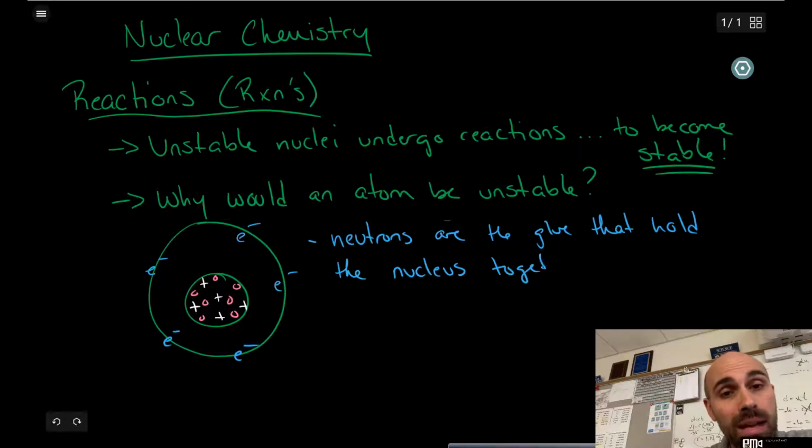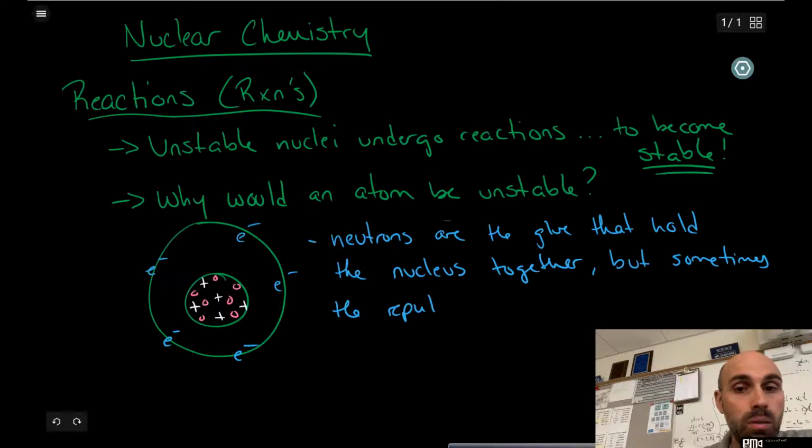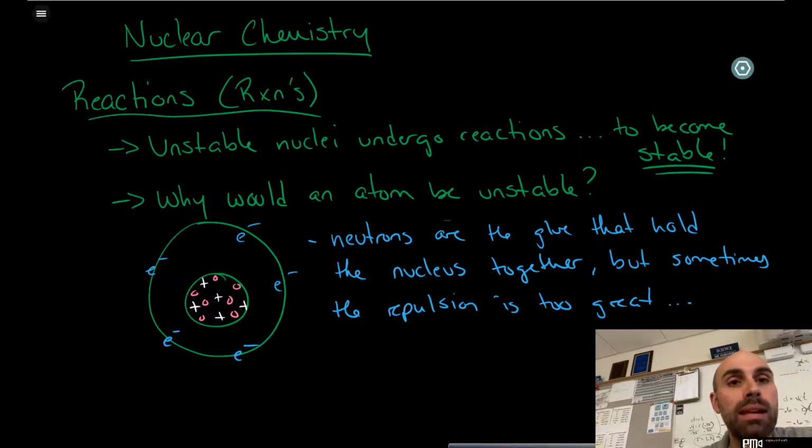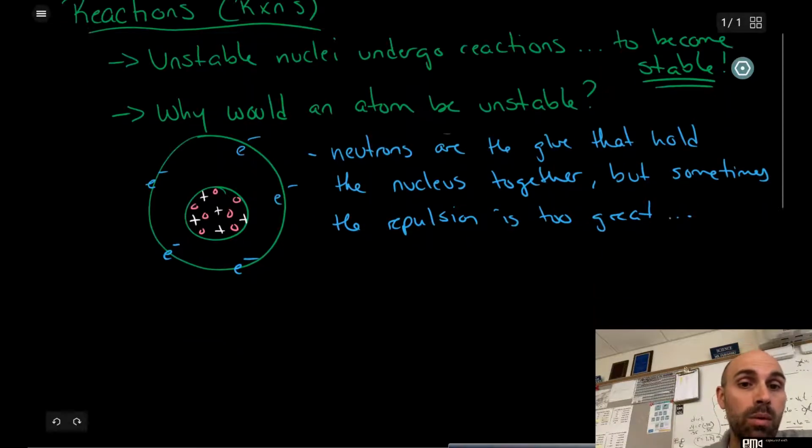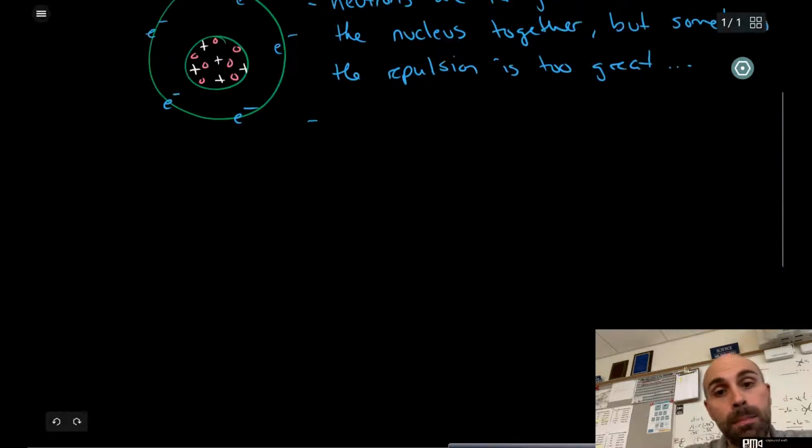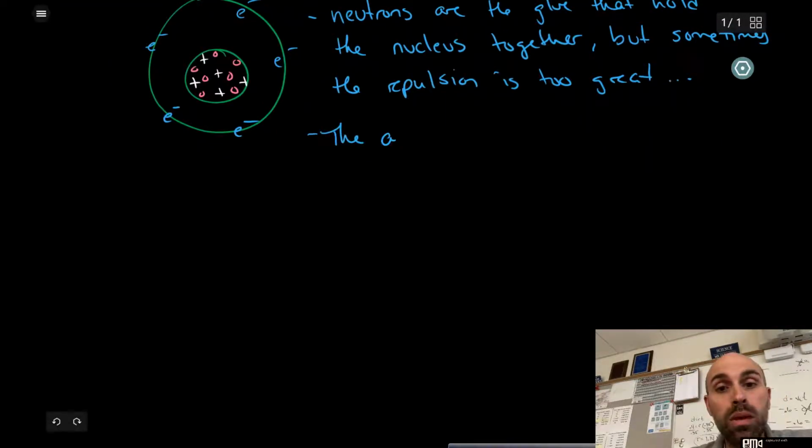Well, sometimes there's not enough glue, okay? And those protons, the repulsive forces will push apart, and you eventually can get radioactive decay. You can get an atom that is unstable and will want to become stable. All right. So the atom will undergo radioactive decay.